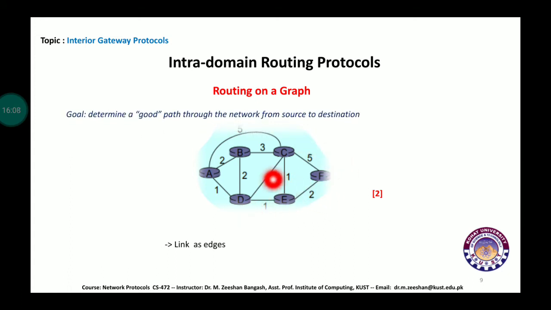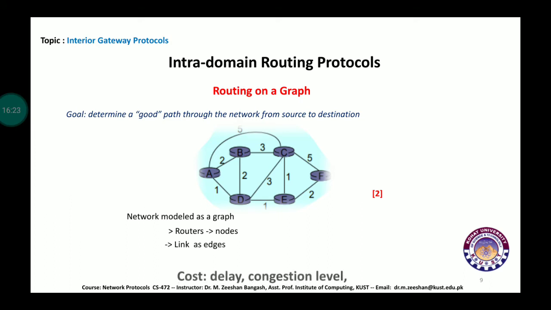Now, in order to determine a good path through the network from a source to a destination, routing is used. You can see that the network is modeled as a graph, and we have routers, which are the intermediate nodes, and the links, which we can call the edges.